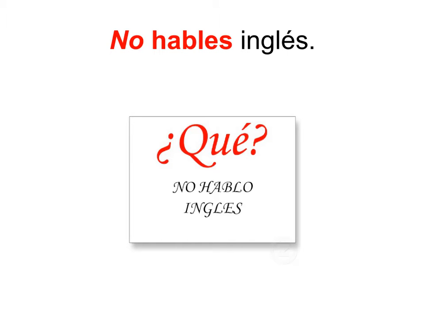No hables inglés. So what's it saying? Don't what? Speak English, or solo un poquito para clarificar, pero no hables inglés. When you say don't speak English, who are we talking to again? You. So, la forma de tú, una persona, like un compañero de clase.